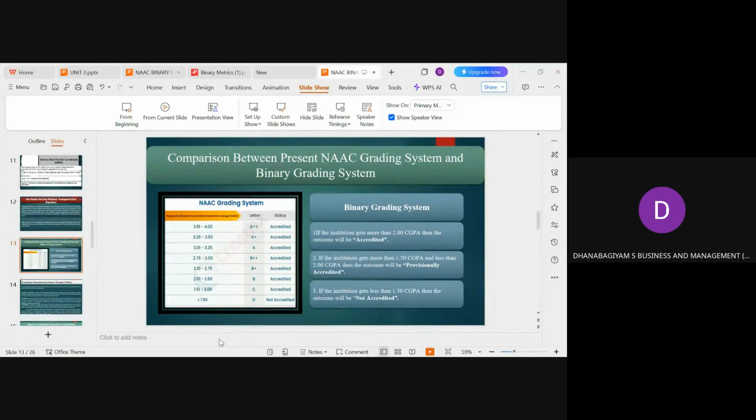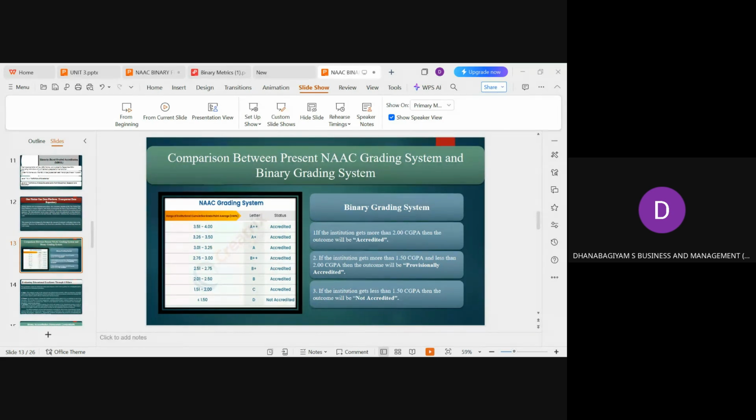Currently we have attributes 1 to 10. So this is the difference. And the scores from 3 to 4 we call A++. We have also seen what the binary grading is. So these are the differences which we have seen.